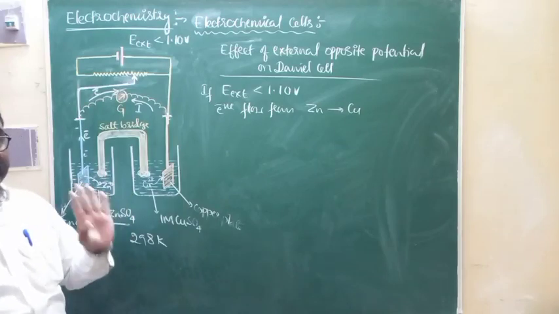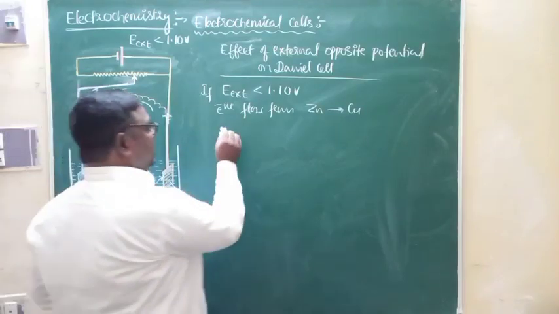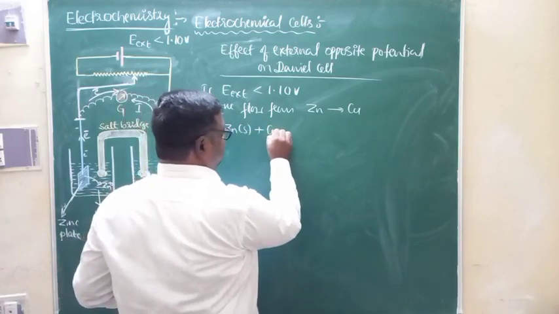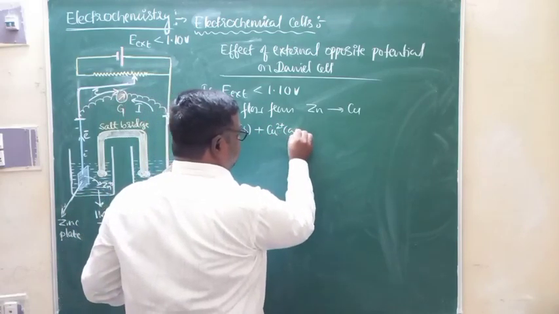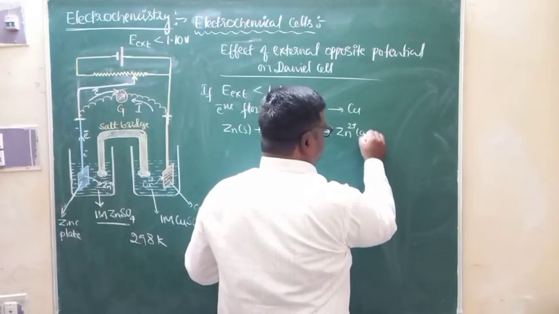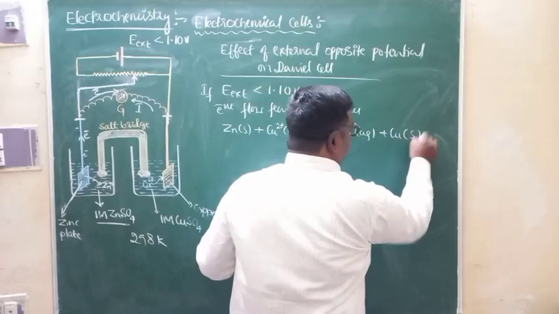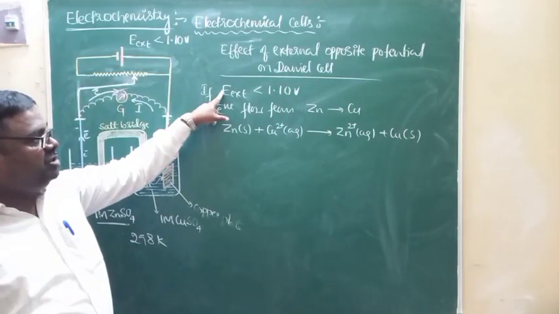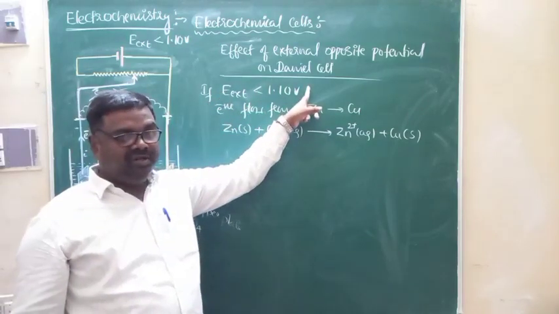Chemical reactions will be similar to that in the case of Daniell cell. The same reaction takes place, that is zinc undergoes oxidation, copper ions undergo reduction, giving Zn2+ and copper. This is the reaction taking place when external opposite potential is less than 1.10 volts.